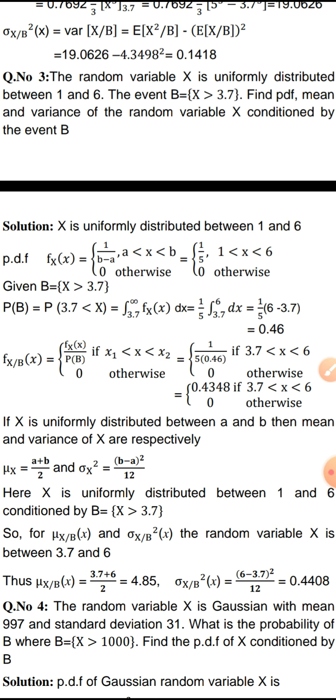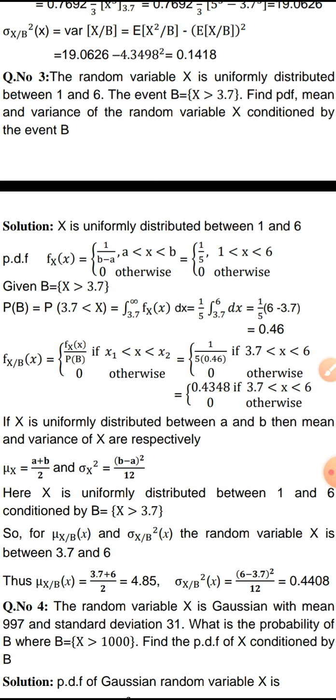So as before, the probability density function of x will be f of x equals 1 by 6 minus 1, which means 1 by 5, for all x values between 1 and 6, and 0 otherwise. The probability of the event B, which is x greater than 3.7, as before, is 0.46.